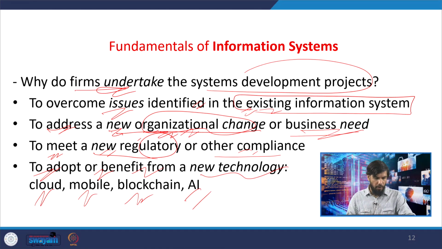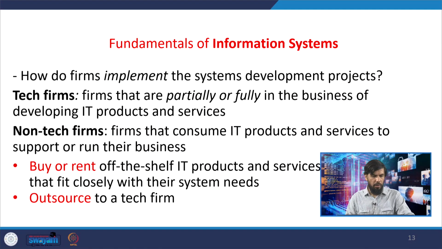So, this could be another reason to make changes in their existing information systems and incorporate these technologies so that they can compete well. These are some of the reasons, apart from when an organization is trying to have an information system for the first time, and then there might be a development from scratch. We will talk about this also.